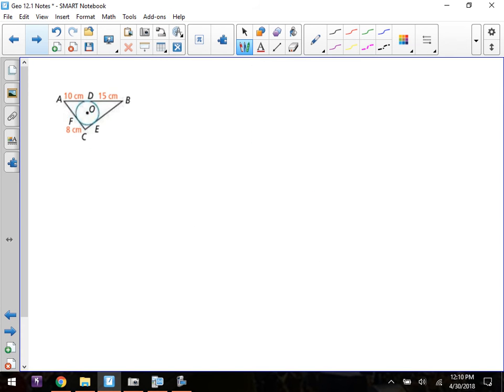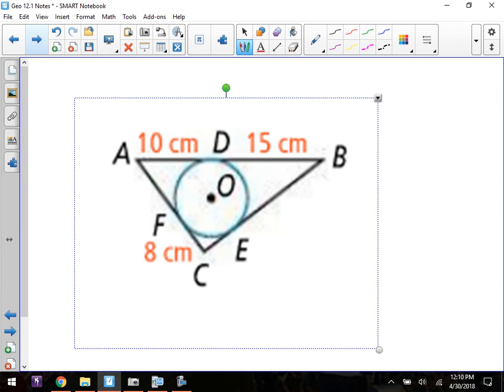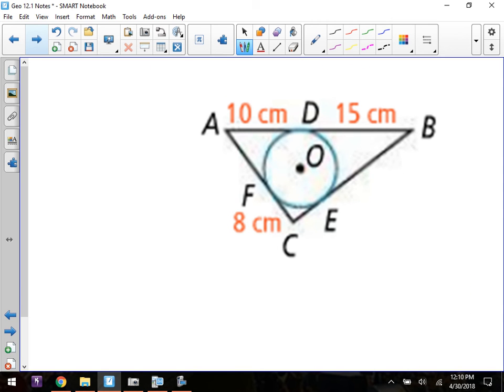Okay? Which also means you can use external tangents to figure out perimeters.